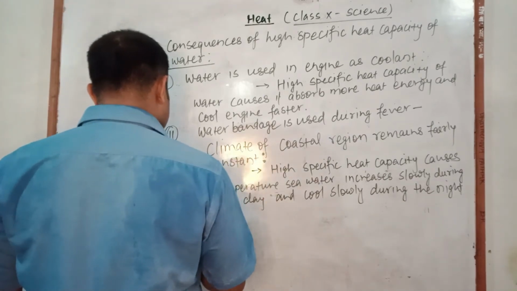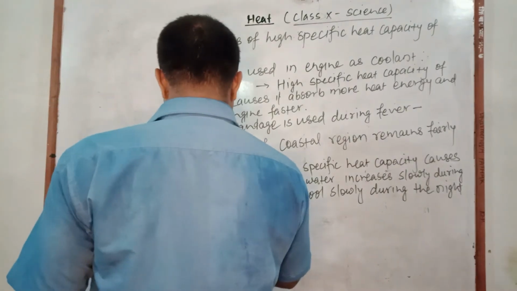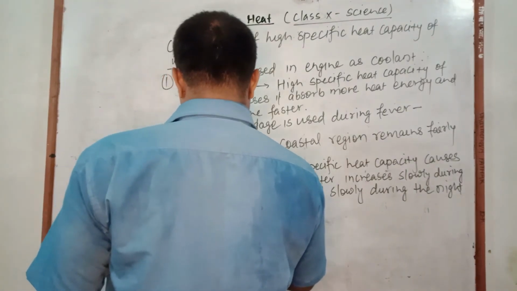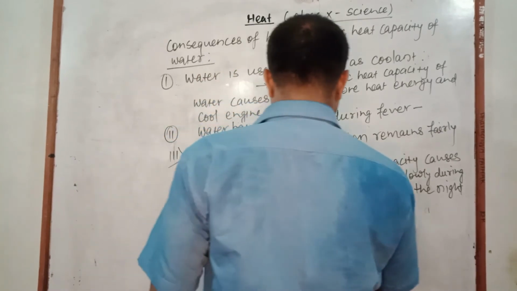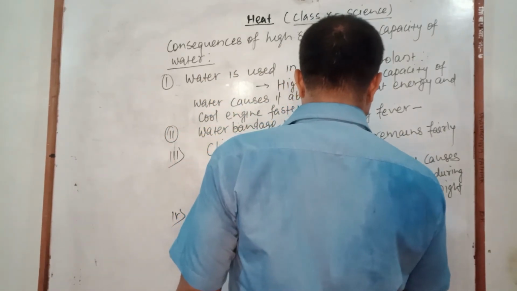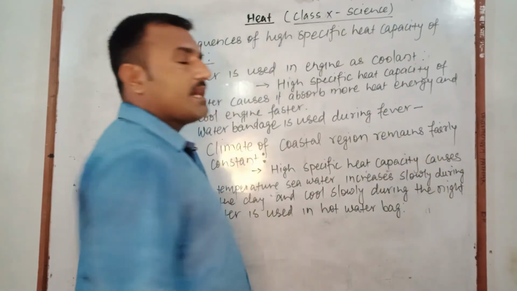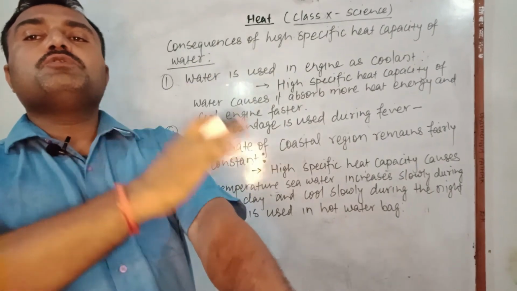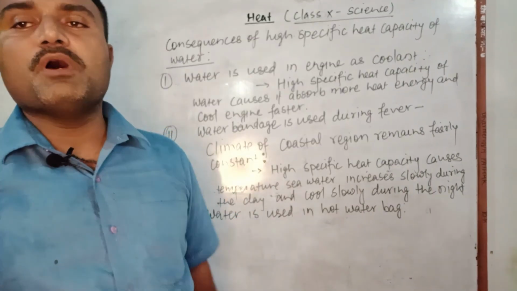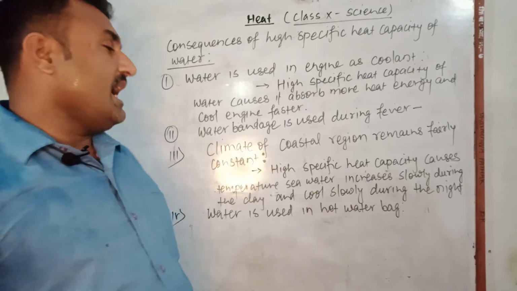Another: high specific heat capacity causes water to be used in a hot water bag. A hot water bag contains hot water and is used to warm up our body parts like joints and back.